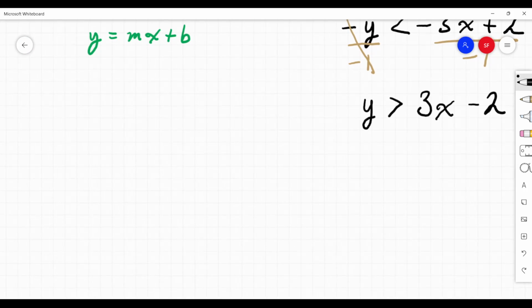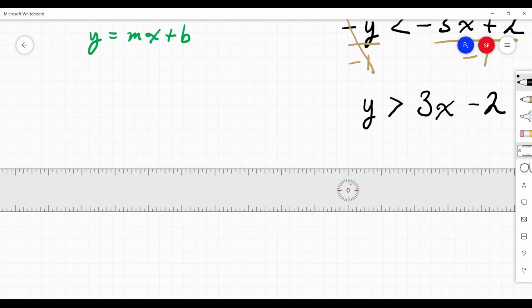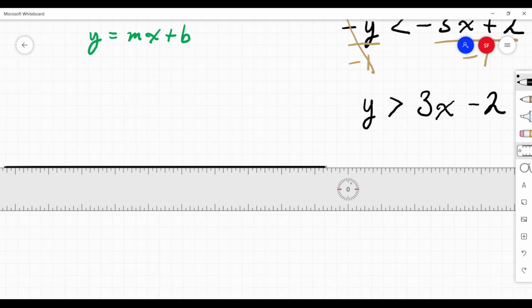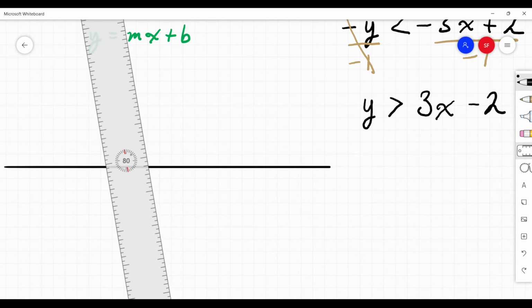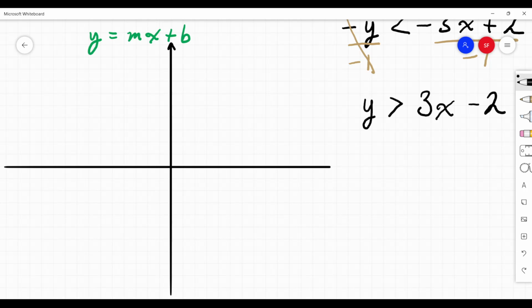Okay, so we're going to grab a set of axes to start. If this was an equals, what would be the first place that we put a dot? On the 0. Yeah, on x equals 0, right? So where is the y-intercept of our graph?